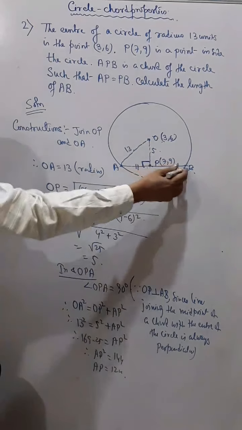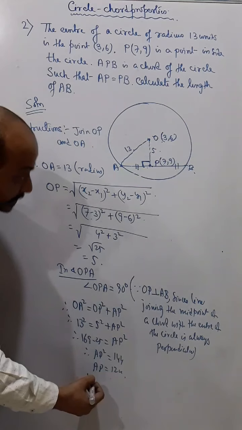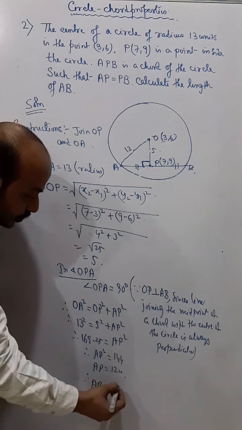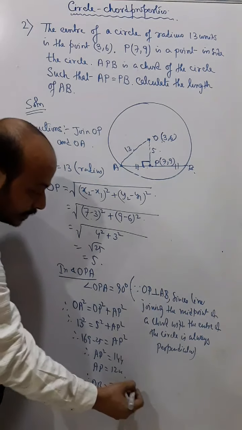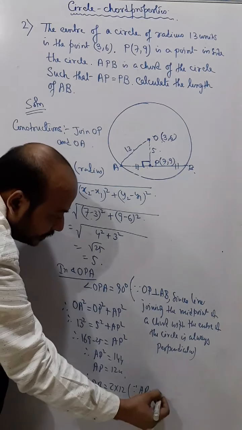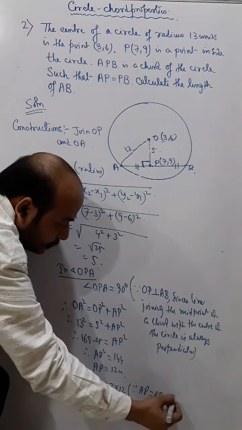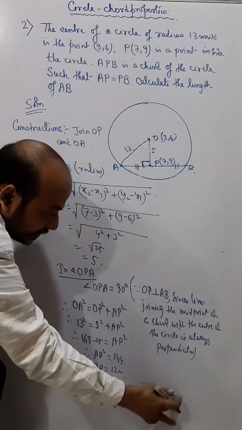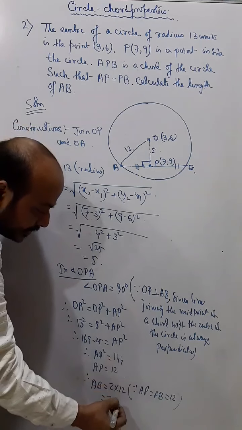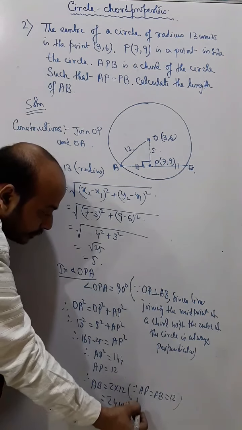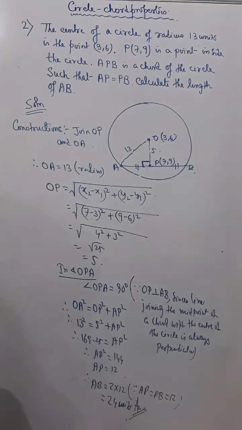Okay, now we can say that therefore AB will be 2 into 12, since AP is equal to PB is equal to 12, right? So the answer is not centimeter, in fact they have given units, so we'll write units. So the answer is 24 units. Okay, understand?